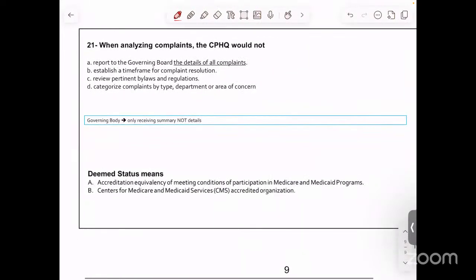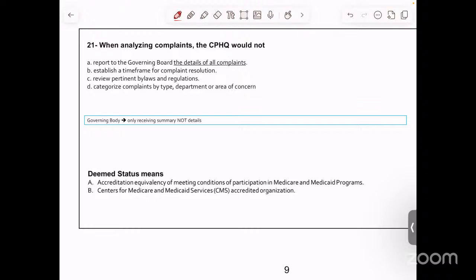Number 21, when analyzing complaints, the CPHQ would not: A, report to the governing board the details of all complaints, B, establish a time frame for complaint resolution, C, review pertinent bylaws and regulations, D, categorize complaints by type, department, or area of concern.